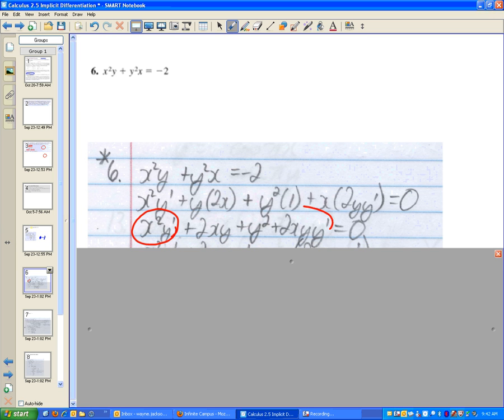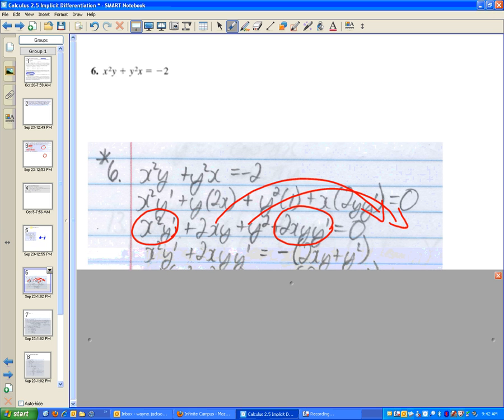Now, I'm trying to solve for y prime. I have two terms with the y prime in them. Do what? Yeah, in just a second. Before we factor by grouping, though, we're going to... Okay? So, I've got x squared y prime and 2xy y prime right where I want them. So leave them on the left.